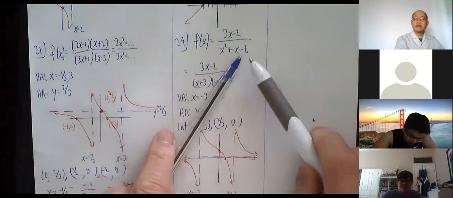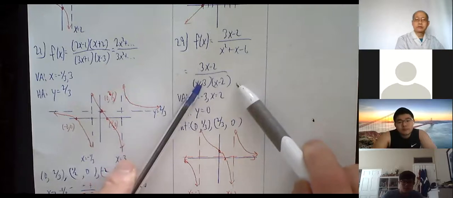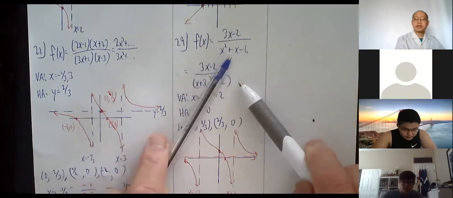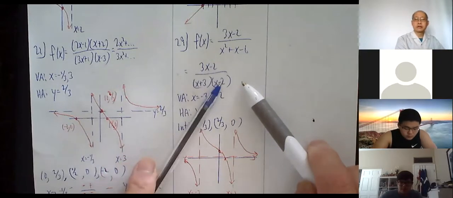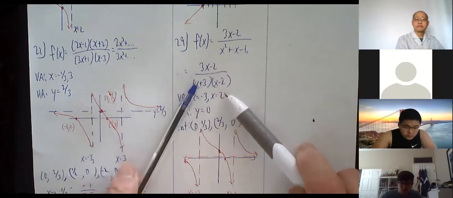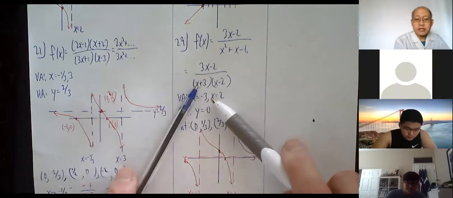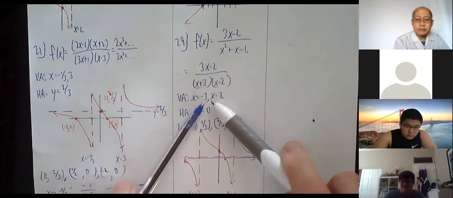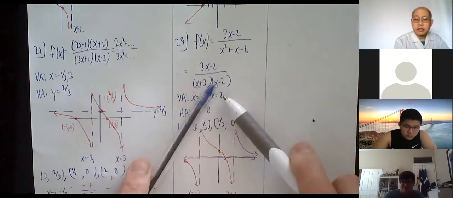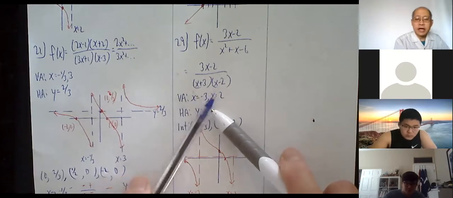What two numbers have a product of 6 and a difference of 1? 3 and 2. You want it in with a positive, so plus 3 minus 2. And there's no cancellation. So the vertical asymptotes are, what makes this a 0? Negative 3. What makes this 0 is 2. So vertical asymptotes are x equals negative 3, x equals 2.